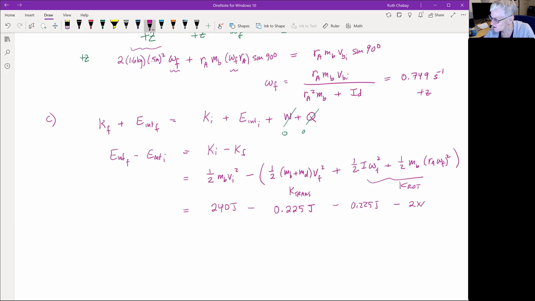It's like 2 × 10⁻⁴ joules just for the bullet. And so we get something like 239.5 joules. So most of the energy of the bullet actually went into internal energy of the system. Yeah, that's right. That problem took us the whole semester to explain, didn't it? That's right. So that was a review of pretty much the whole semester, except for chapter 12.